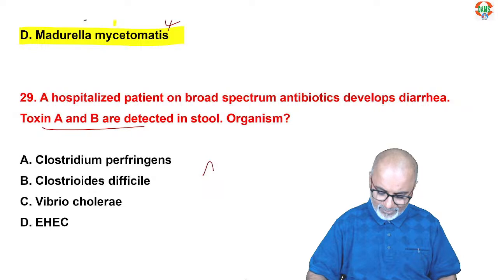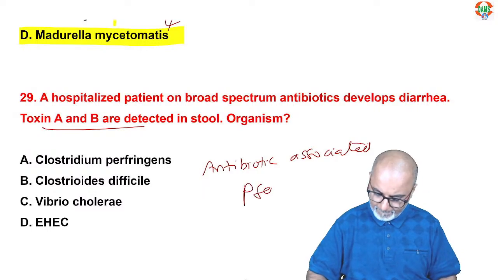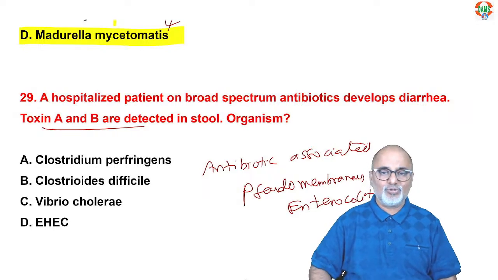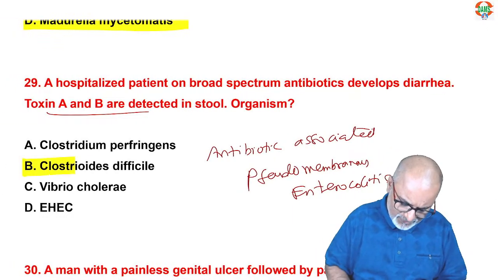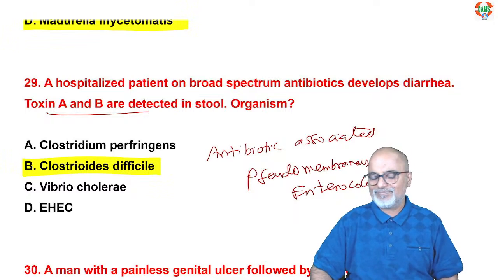Condition called antibiotic associated pseudomembranous enterocolitis. Beautifully people answered. Caused by Clostridioides difficile. That's all. Make it easy.